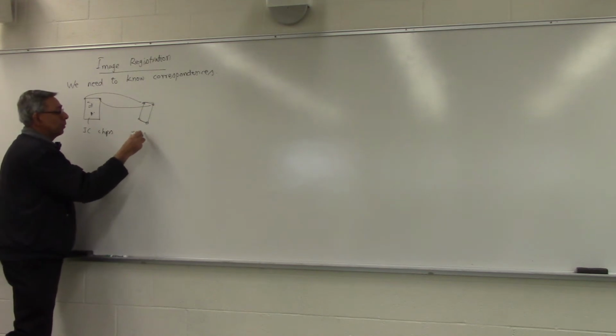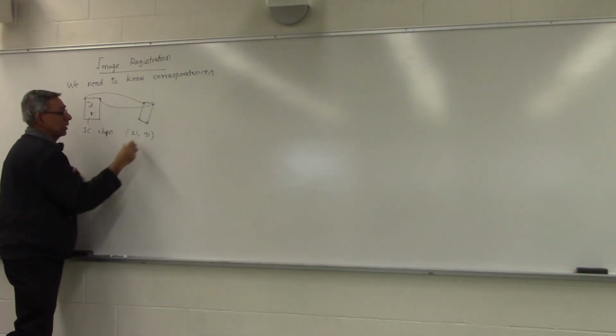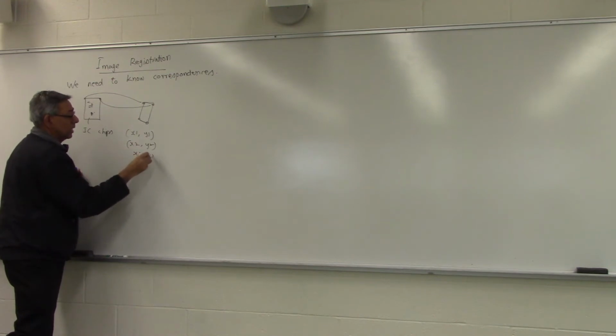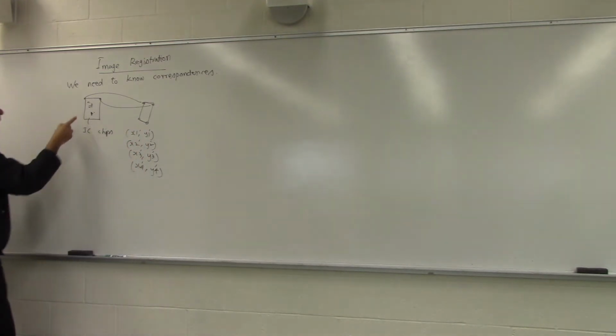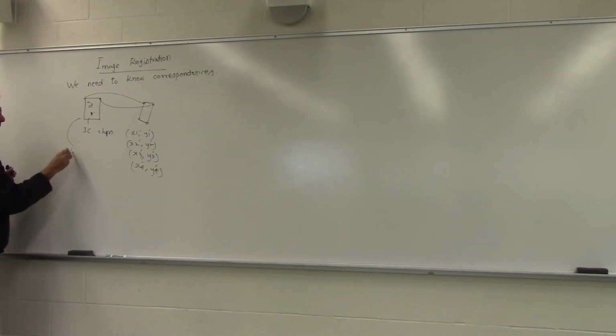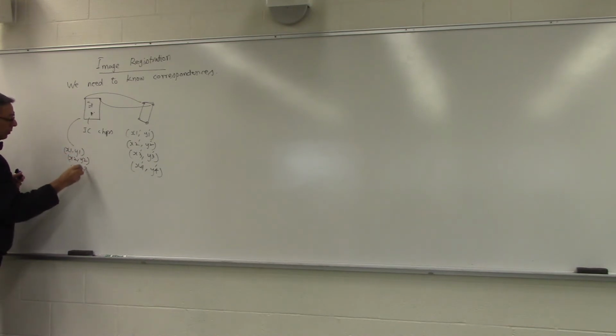They will be x1, y1 for one of the corners, x2, y2, x3, y3, and x4, y4. Or let me call it prime. Okay, for this image we get x1, y1, x2, y2, the 4 corners over here, x3, y3, and x4, y4.